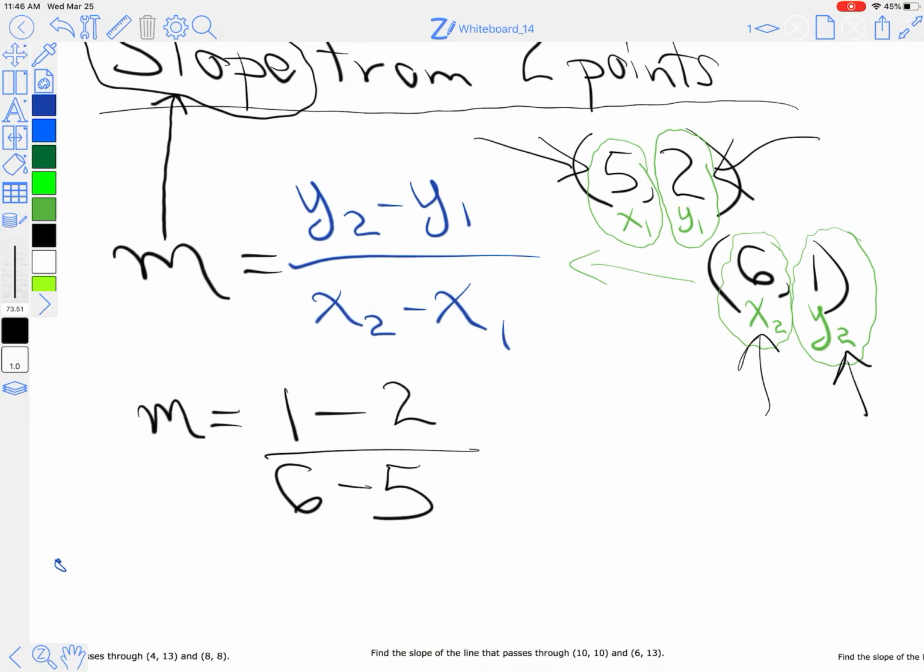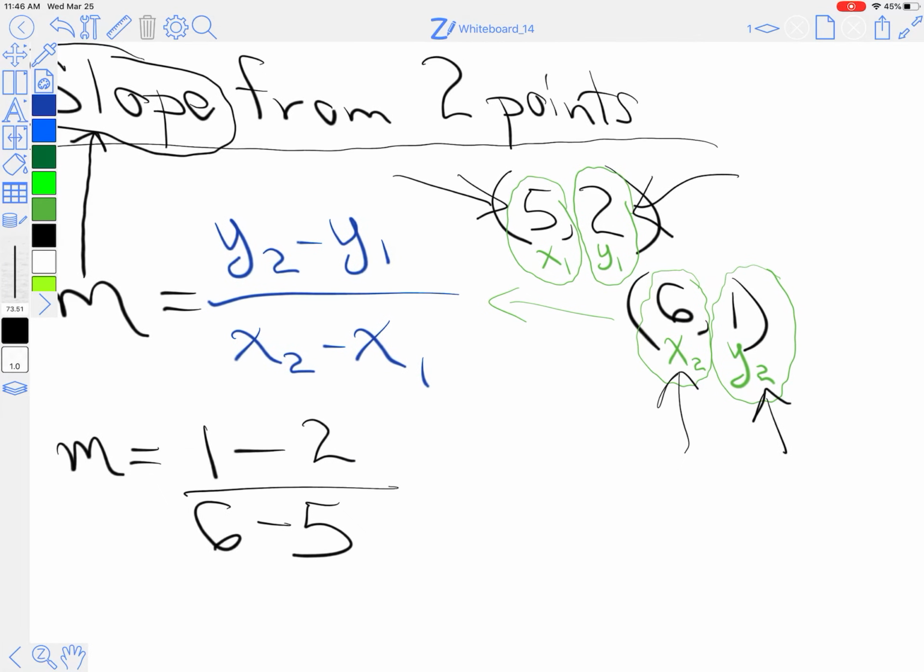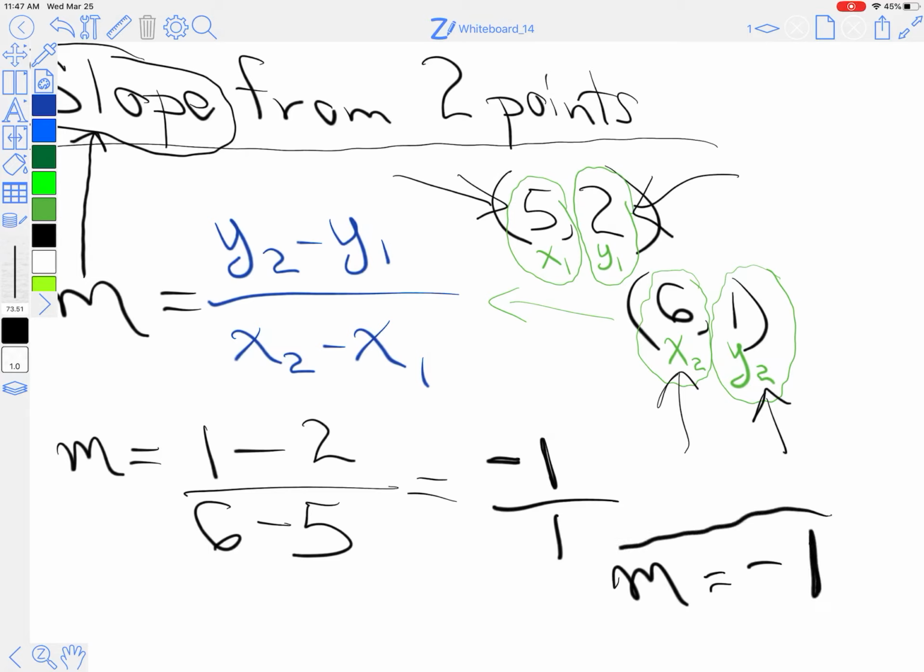Now I'm just going to do a little bit of simple math. 1 minus 2 leaves me negative 1. 6 minus 5 leaves me positive 1. And if you remember about working with integers, a negative divided by positive is a negative, and 1 divided by 1 is just 1. So my slope would be negative 1.